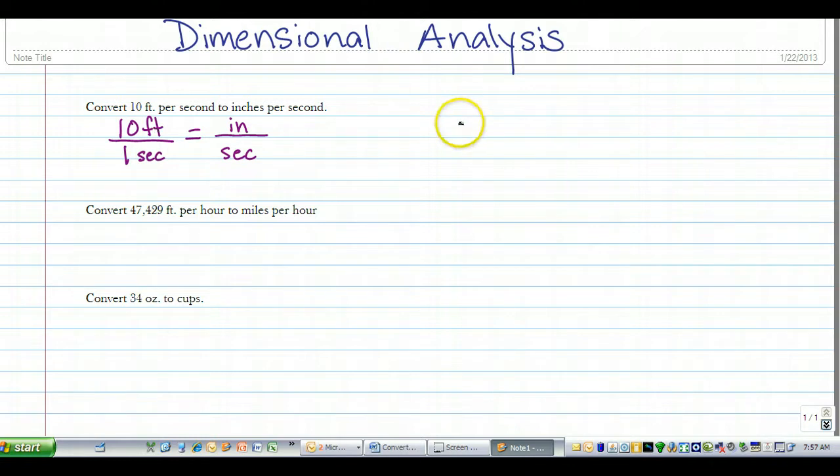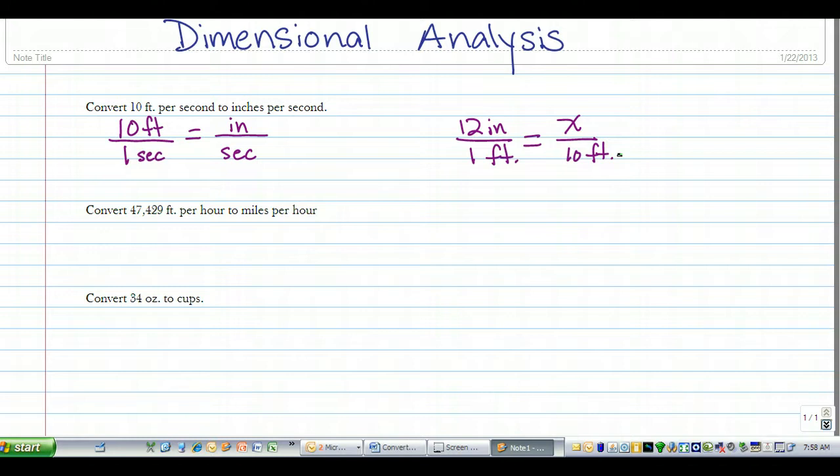There are 12 inches in 1 foot. 12 inches in 1 foot. Okay, so if there's 12 inches in 1 foot, then how many inches are in 10 feet?